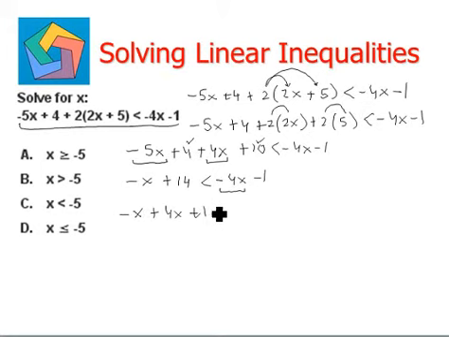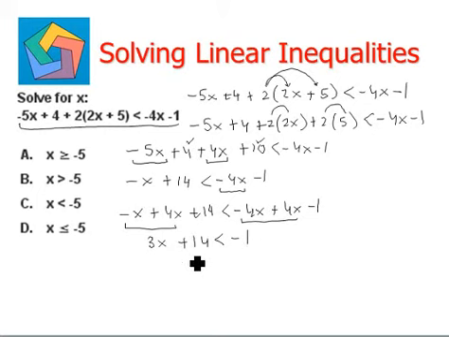Always remember to carry out the same operation on both sides, otherwise the answer would go wrong. This becomes 0. Negative x plus 4x becomes 3x, plus 14 is less than negative 1. Now we move the positive 14 to the other side by subtracting 14 on both sides.